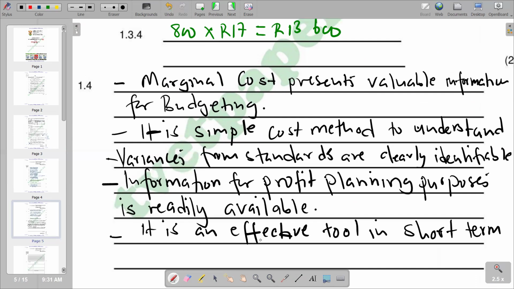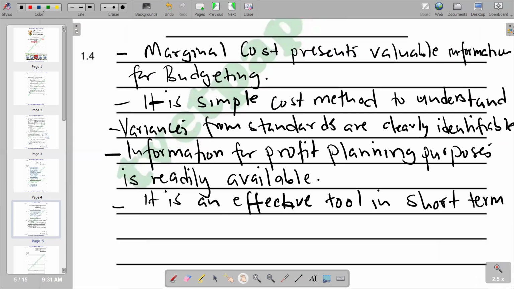This becomes the last advantage that we have, that it is an effective tool in short-term decision making.